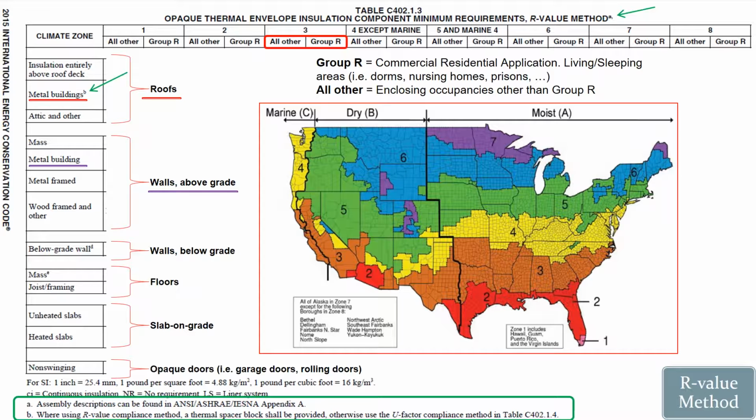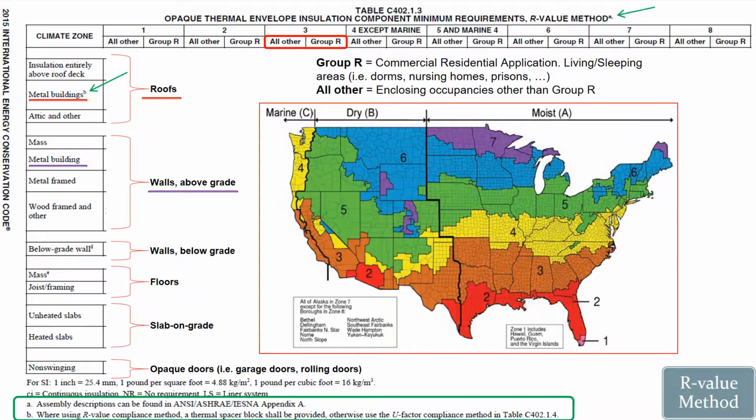You have walls below grade. You have floors or joist framing, mass floors or joist framed floors, and then your slab on grade, whether they're unheated or heated slab. And you may or may not have insulation requirements. This particular table for the IECC includes non-swinging doors.